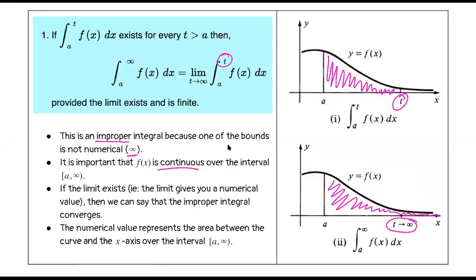The last two bullet points are really hitting home: what are our answers going to mean? If the limit gives you a numerical value, then we can say that the improper integral converges. And that numerical value represents the area between that curve and the x-axis over whatever interval we're looking at.